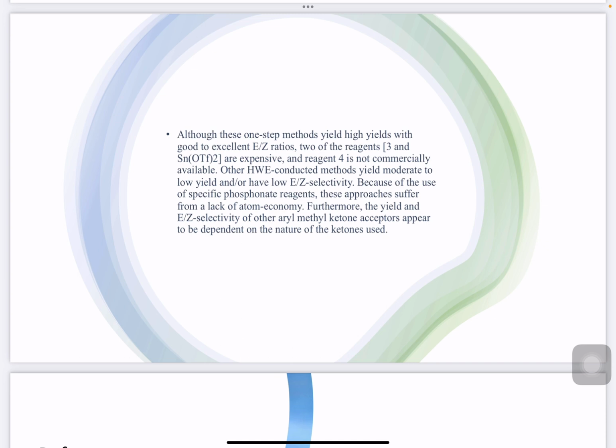Also, other HWE methods give moderate to low yields and/or have low E/Z selectivity because of the use of specific phosphonate reagents. These approaches suffer from a lack of atom economy. Furthermore, the yield and E/Z selectivity of other aryl methyl ketone acceptors appear to depend on the nature of the ketones used.